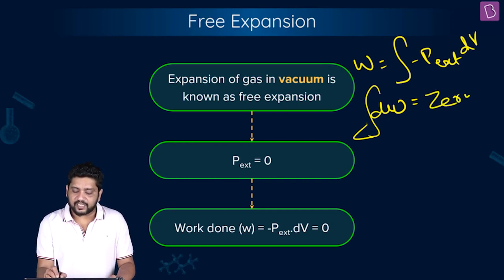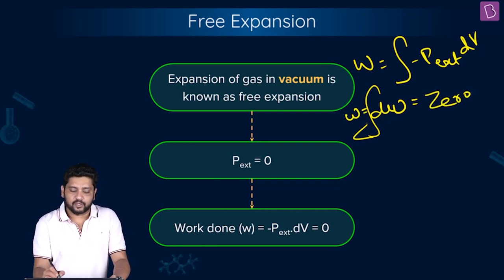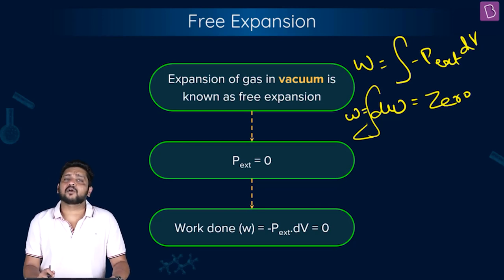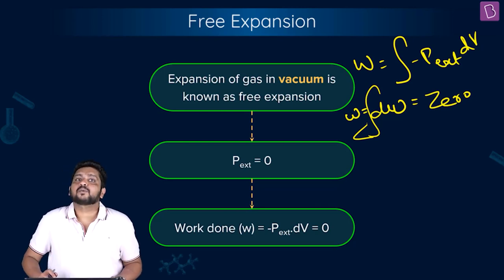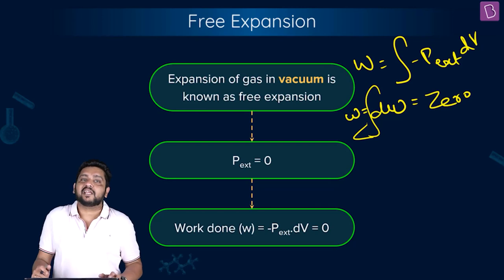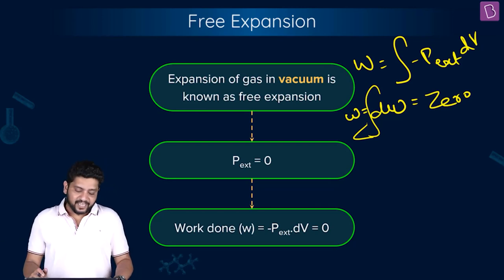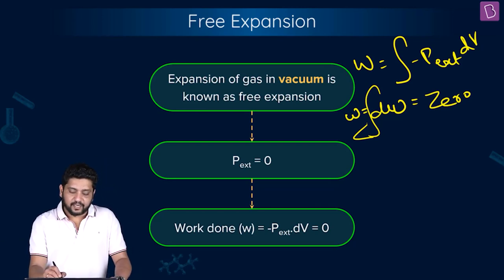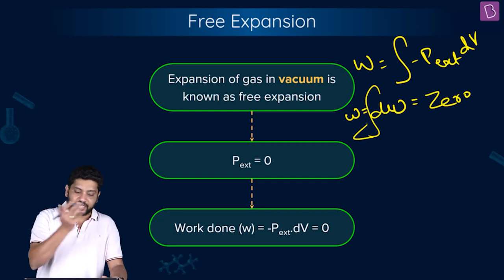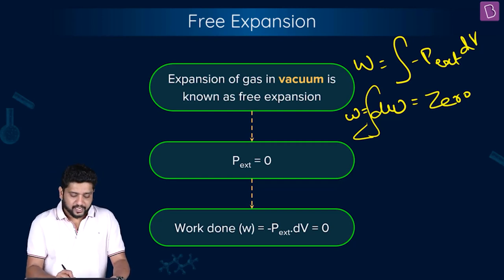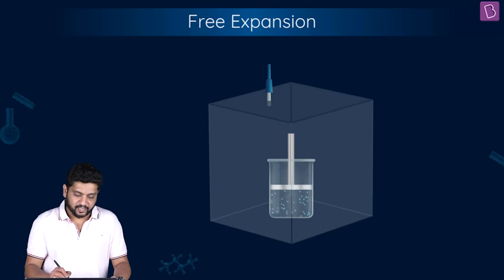No work is done in the process. The gas is not facing any opposition. The gas can expand freely, so obviously no work is done by the gas, right? So work done is 0, which means our delta U will also be equal to 0. So there is no change in your internal energy, right?